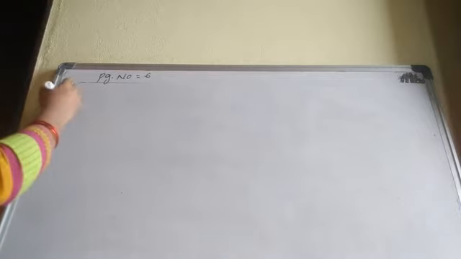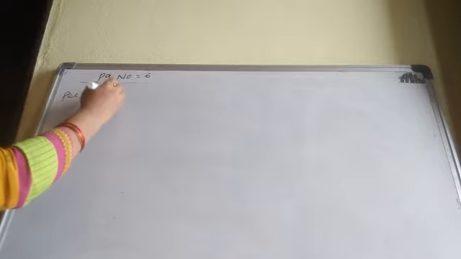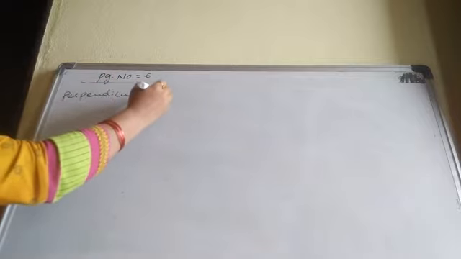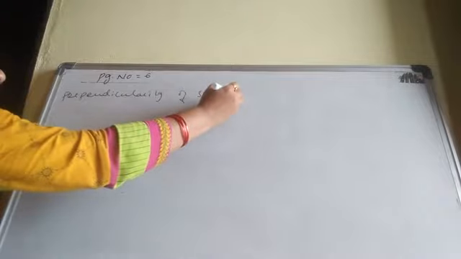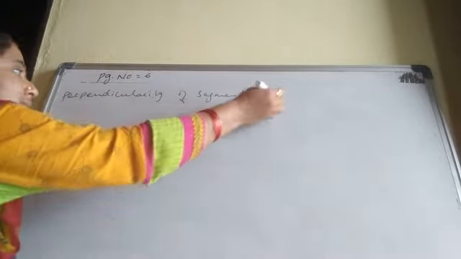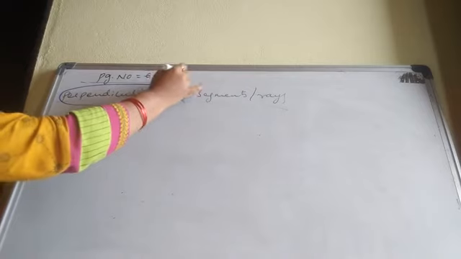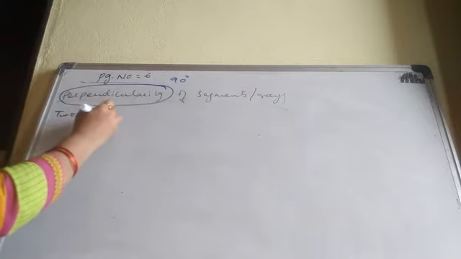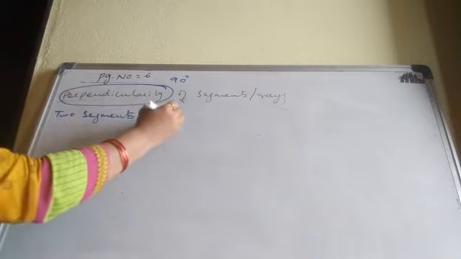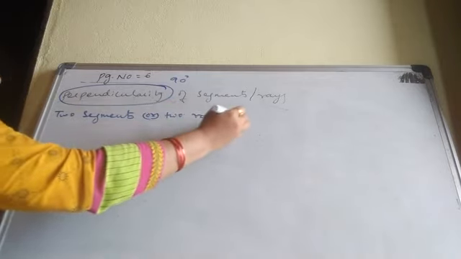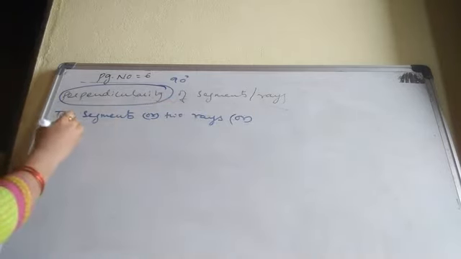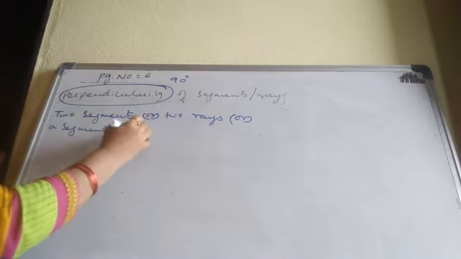Students, next definition is what? Perpendicularity of segments or rays. Here in the word itself, perpendicular. Perpendicular means what? Which makes 90 degree. Here you can take two segments, or two rays, or a segment and a ray.